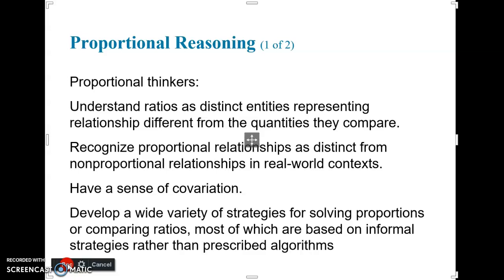They understand relationships in which 2 quantities vary together and are able to see how the variation in one coincides with the variation in another. They develop a wide variety of strategies for solving proportions or comparison ratios, most of which are based on informal strategies rather than prescribed algorithms.